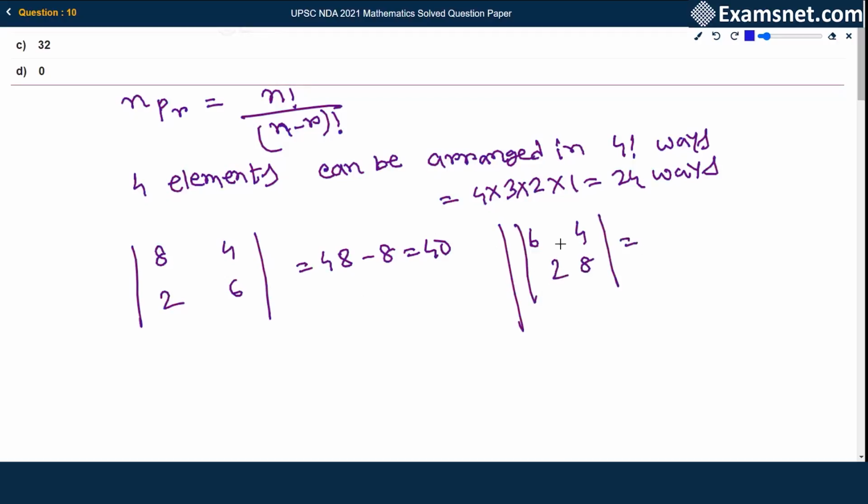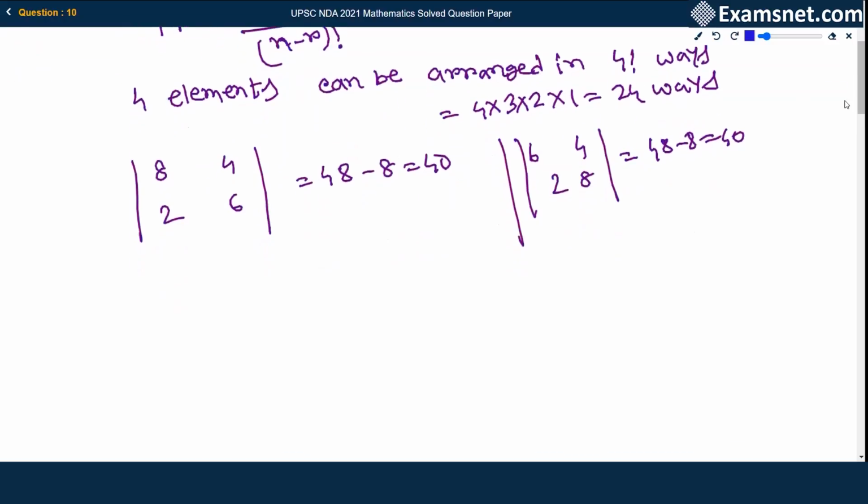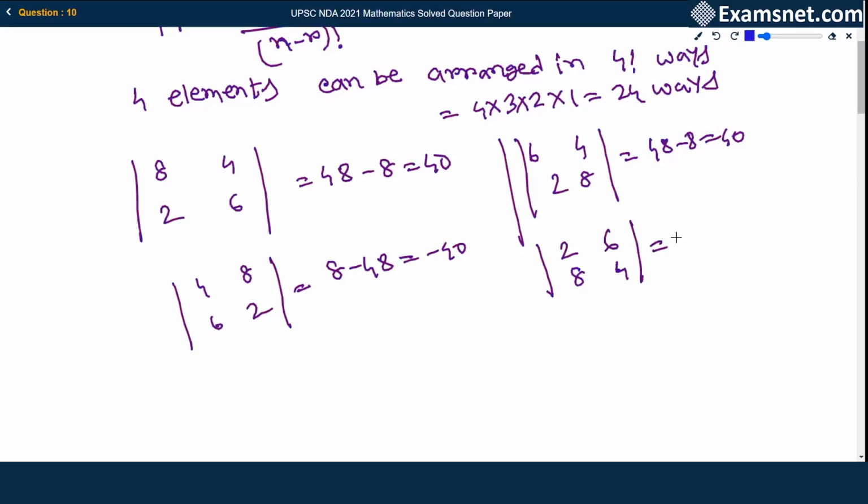This gives 48 minus 8, again 40. Another: 4, 8, 6, 2. That means 8 minus 48, which is minus 40. Also 2, 4, 8, 6 gives 8 minus 48, another minus 40.